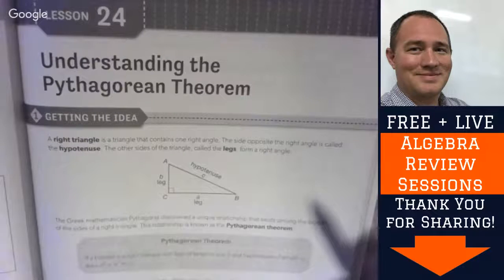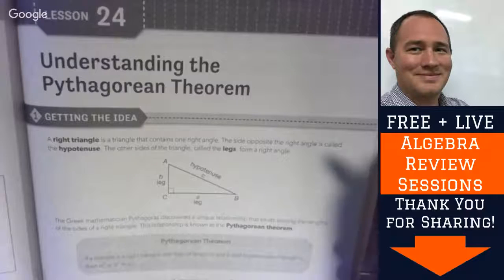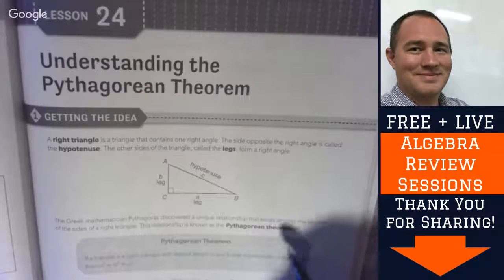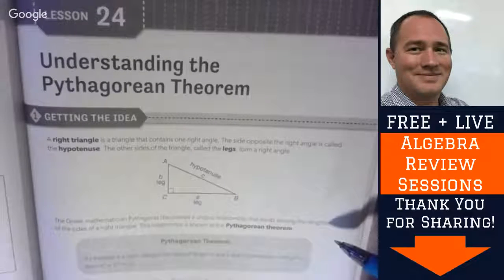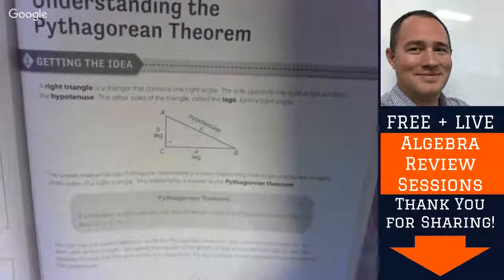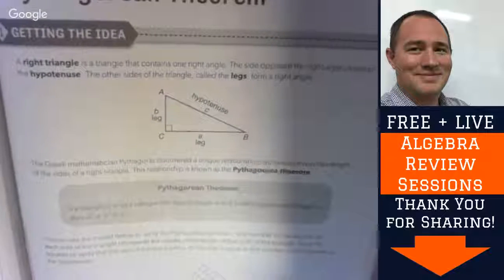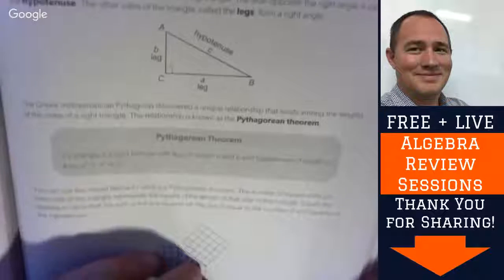Okay, so the Greek mathematician Pythagoras discovered a unique relationship that exists among the lengths of the sides of a right triangle, and that relationship is known as the Pythagorean theorem.